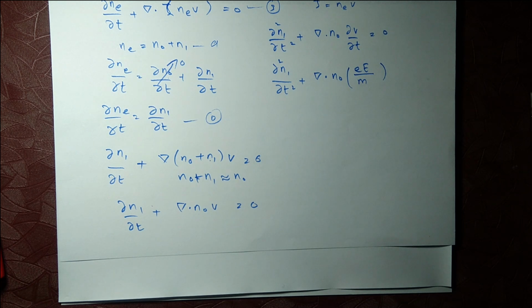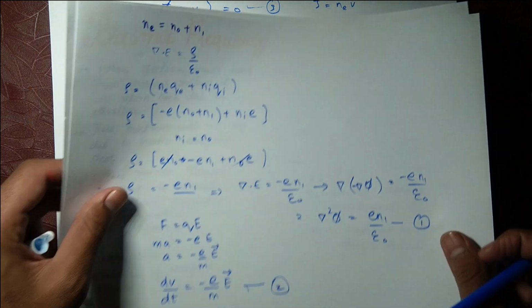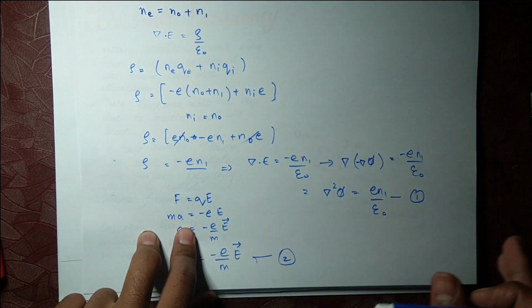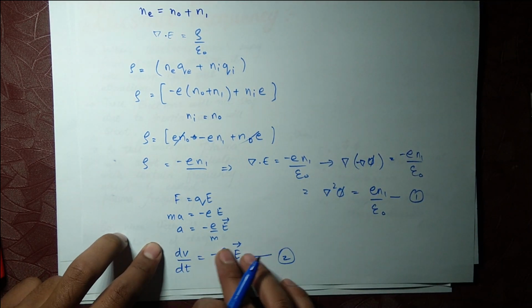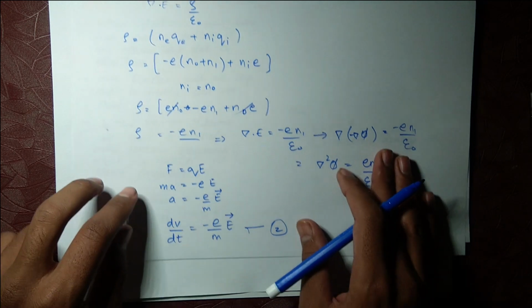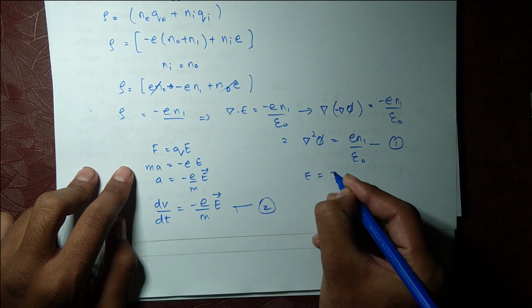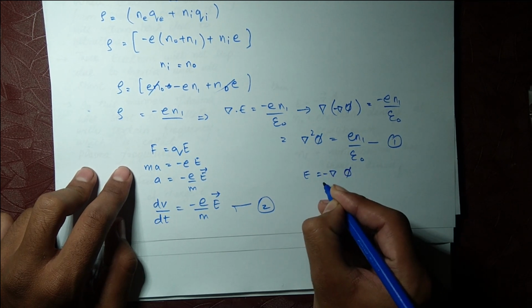In this value we took E as negative gradient, and we've modified this term as E equals negative del of phi.